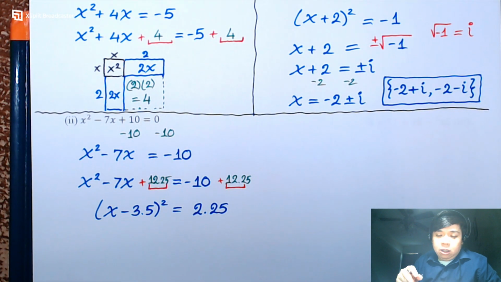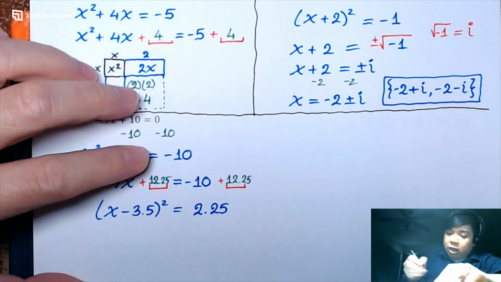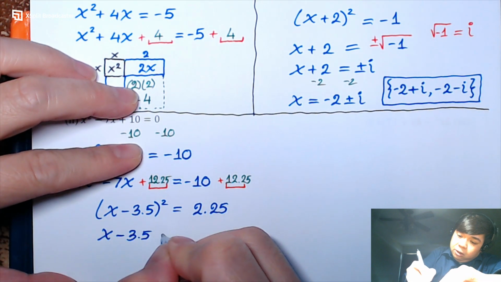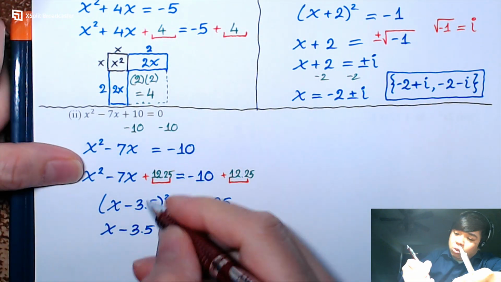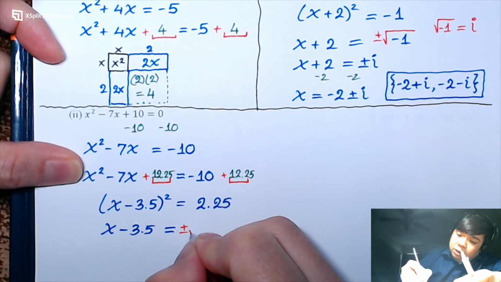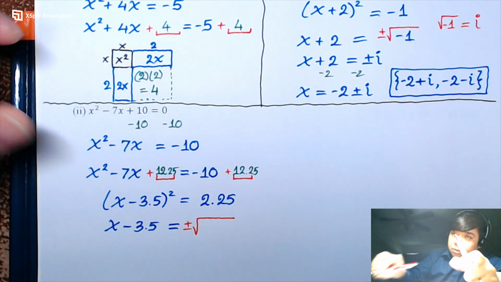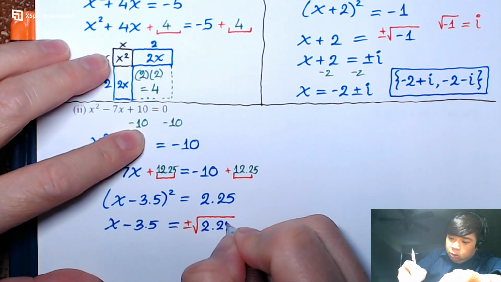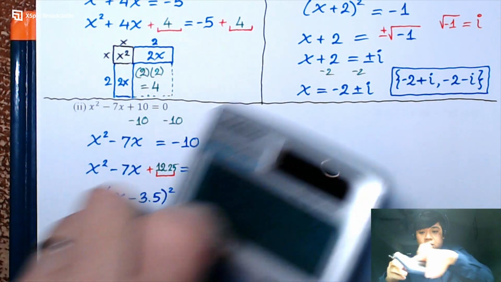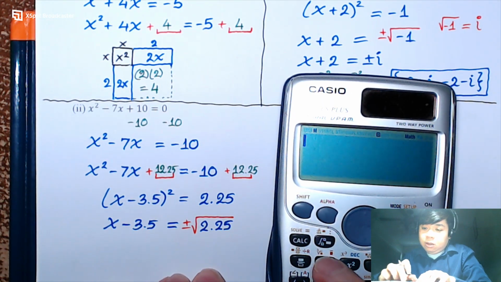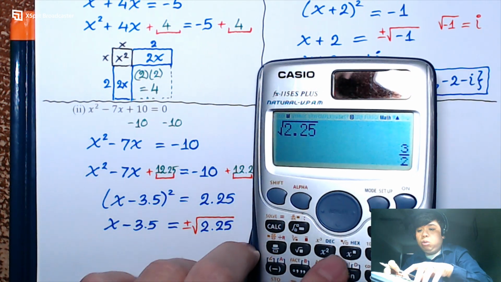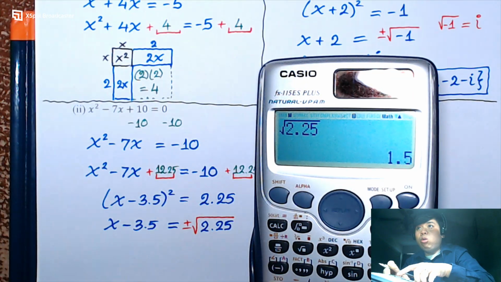Okay, and now to get rid of the square, we will use plus or minus square root. And that's 3 over 2, or 1.5.